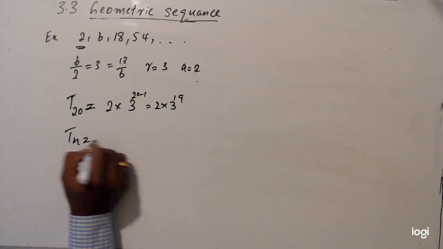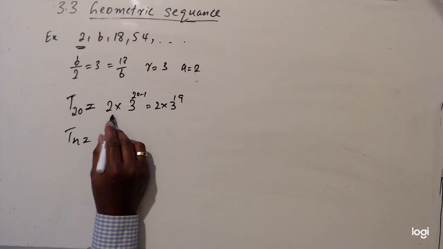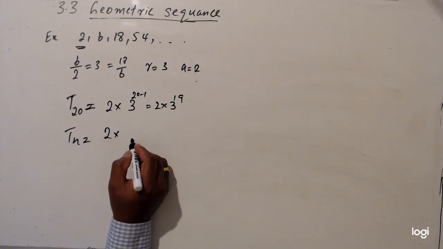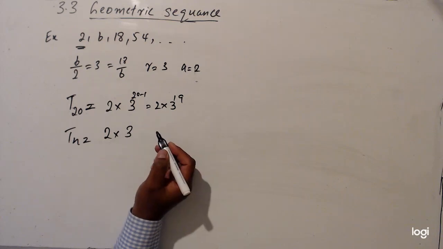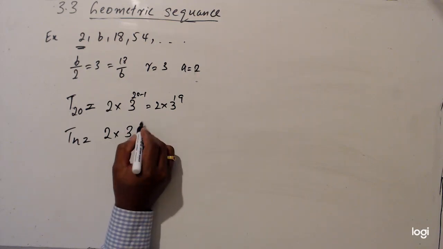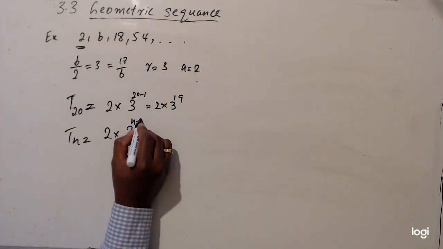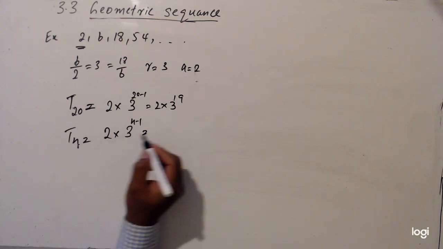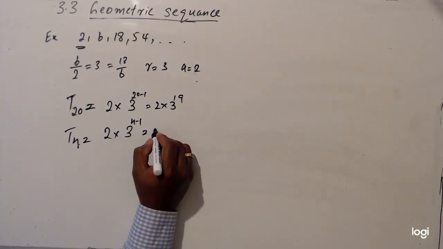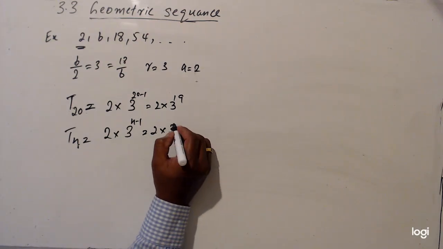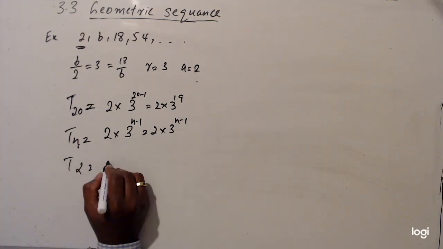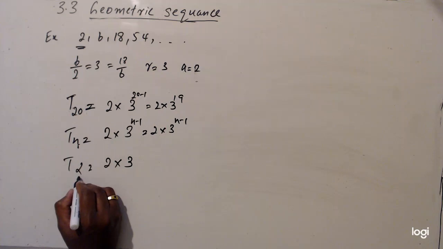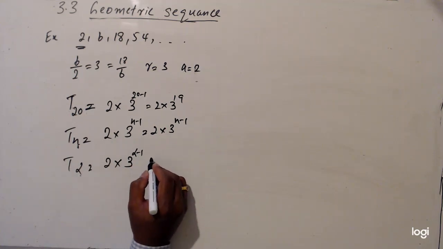If we need nth term, then first term we need, and the ratio we need, and we have to decide the power. So 1 less than the term. So 2 times 3 to the n minus 1. I need alpha term. 2 times 3 to the 1 less than alpha, alpha minus 1.